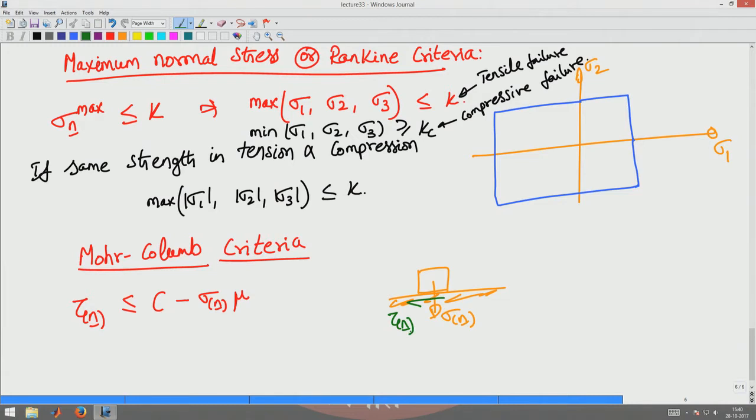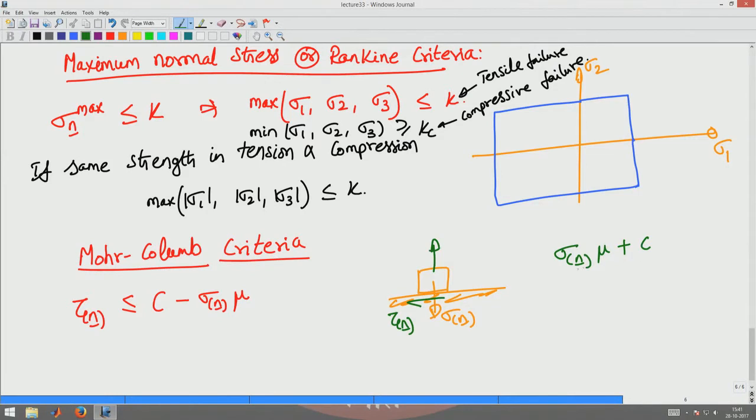The resistance to this shear stress depends upon the dry friction between the surfaces, which gives a resistive force of sigma n times the coefficient of friction mu, plus a wet friction term which is C. If I glue those surfaces, there will be glue strength, which will resist irrespective of whether there is a compressive or tensile normal stress. On the other hand, if I add a tensile normal stress, which is positive, the glue strength reduces. That is what this equation tells you.